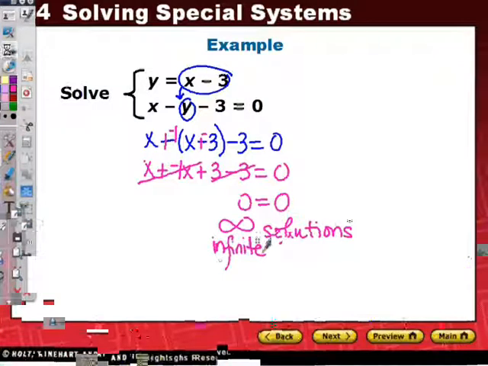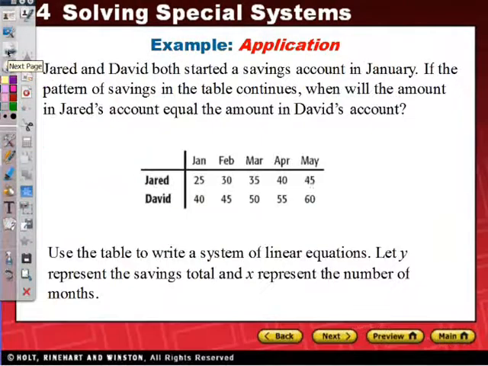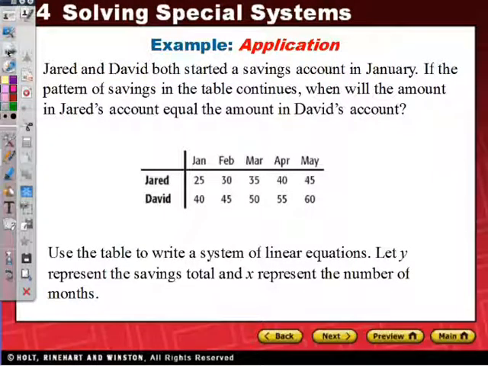I think we've got a word problem. Jared and David started a savings account in January. If the pattern of savings in the table continues, when will the amount in Jared's account equal the amount in David's account? All right, so David starts at 40, and he increases 5 every month.